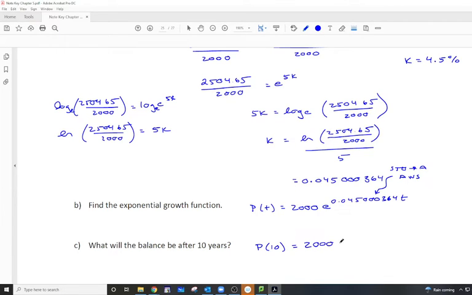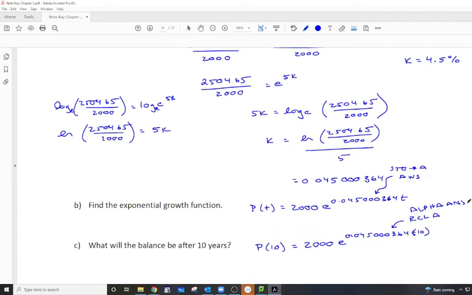So 2,000 times e to the 0.0450000364 t, which is now 10. In here, I'm going to recall A, or I'm going to hit alpha answer. Maybe you just type in the decimals you see. It does not matter.